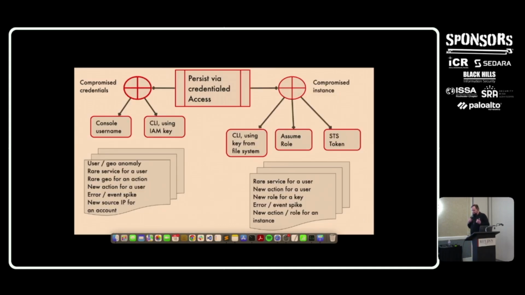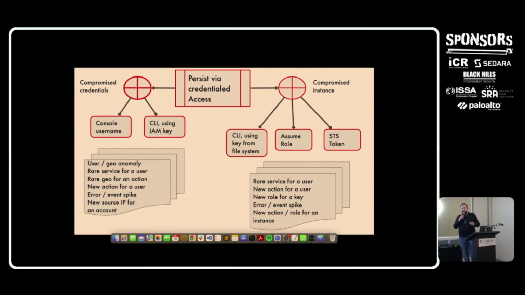The one thing that works in our favor is that at the macro level, if we draw an attack tree, the number of patterns at the macro layer are relatively small, in that most of the time it breaks down to one of these five routes. If somebody has compromised credentials that work in the cloud console, if they're logging into the console, then it's going to be somebody coming in via console username and password, or possibly a SAML token.